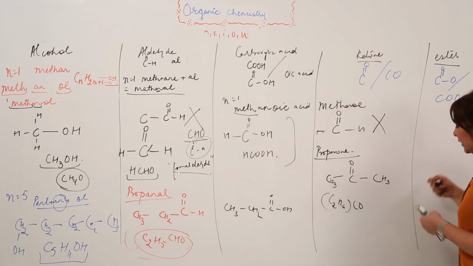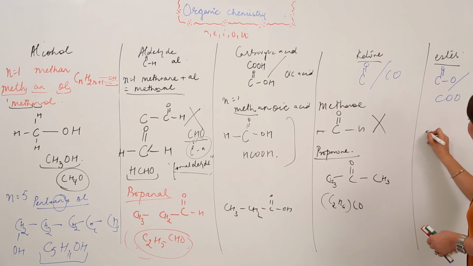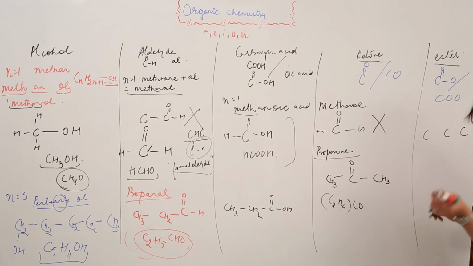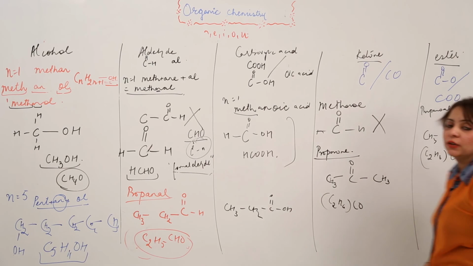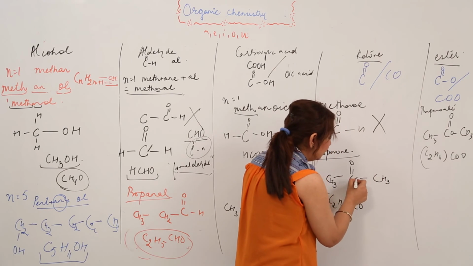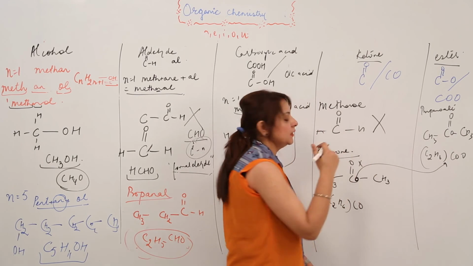Similarly, in the case of ester, minimum 3 carbons are required, so it becomes propanoate. Prop means 3 carbons, an means single bond, oate means COO, and you need to satisfy the valency. You are counting everything but we are not counting the CO. It is a similar way, the only difference is that here one more O is attached, and it is not present in the other case.